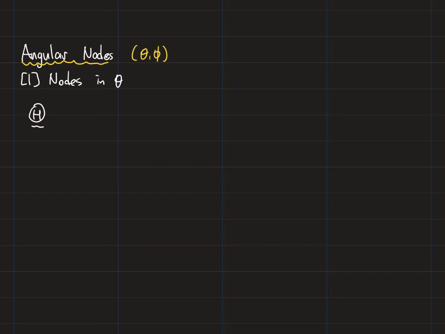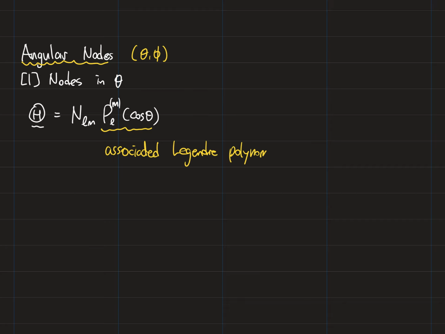It is some normalization constant times something like this, which is called the associated Legendre polynomial.